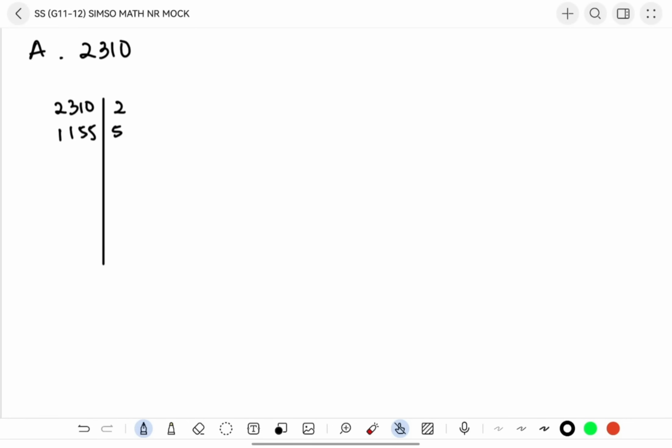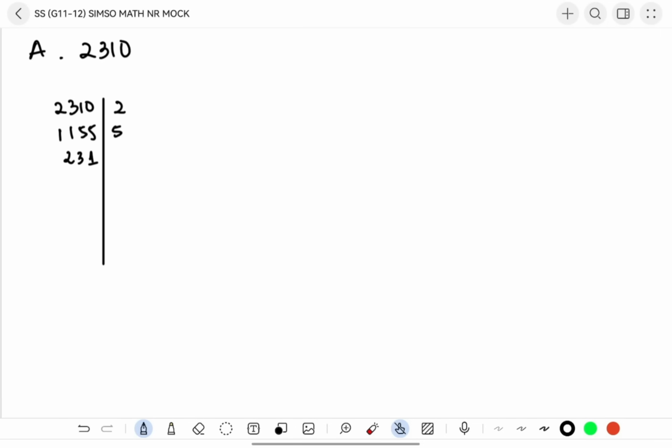Since you are grade 11 and 12, I don't need to explain much about this. 1155 divided by 5 is 231. Is there any other number you can divide by?